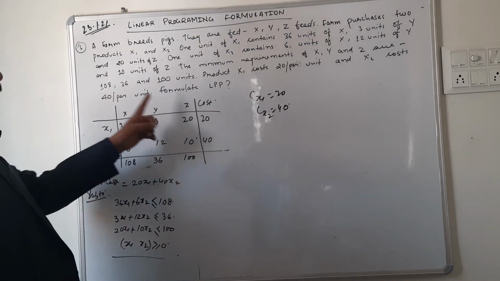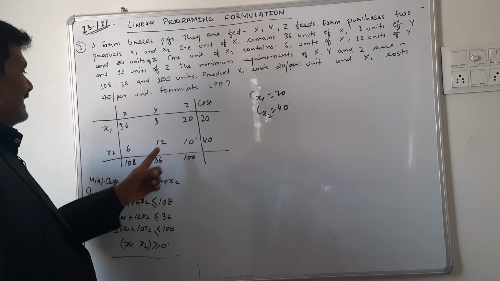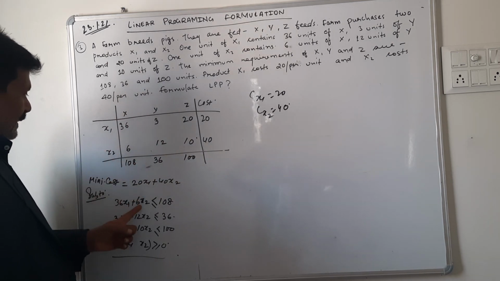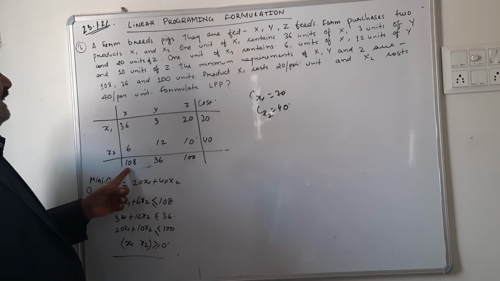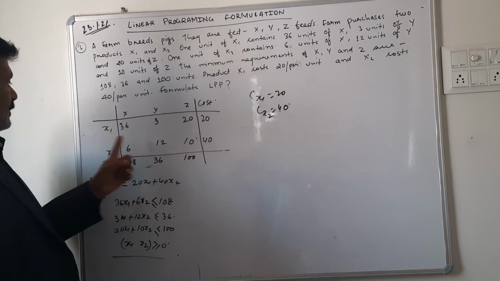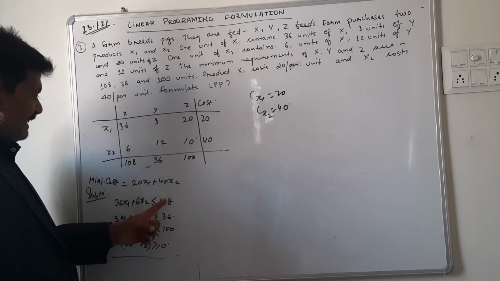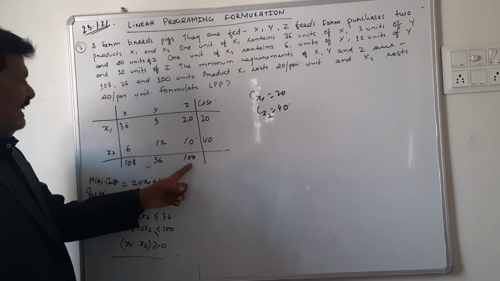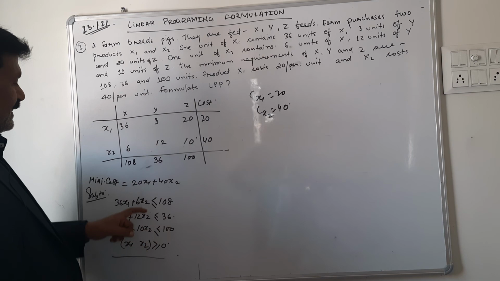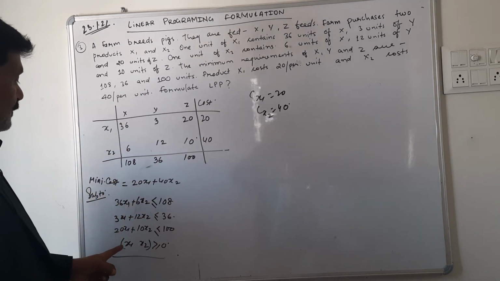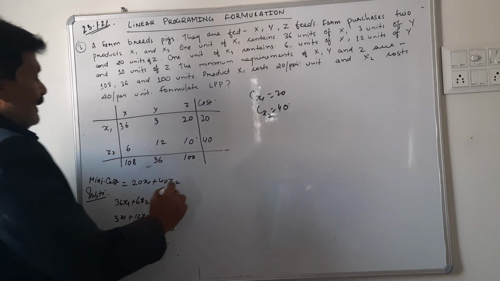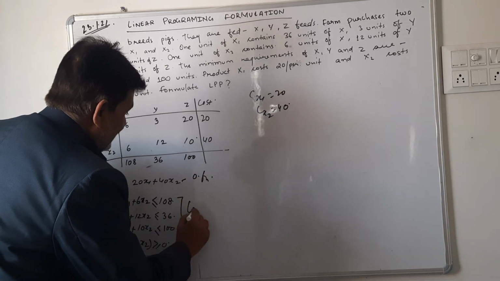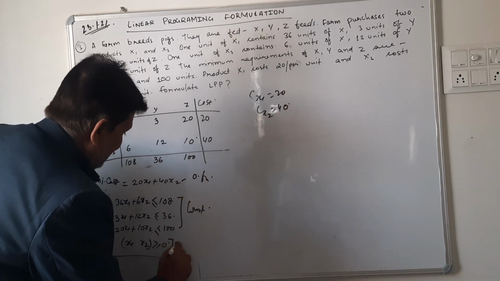And now from this table we are supposed to make the constraints: 36x1 plus 6x2 less than or equal to 108, 3x1 plus 12x2 less than or equal to 36, and 20x1 plus 10x2 less than or equal to 100. So these are the 3 constraints, and x1 and x2 are non-negative. So once again, this is the objective function, these are the constraints, and this is the restriction.